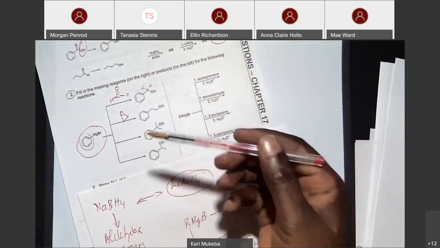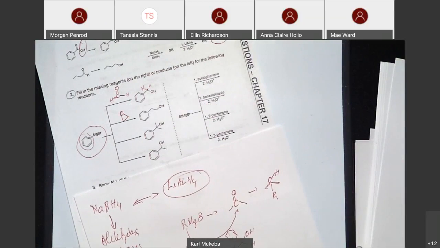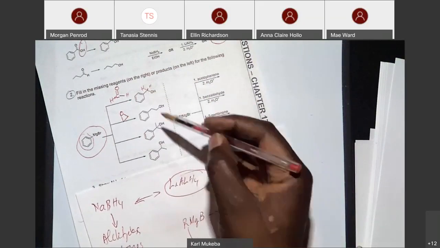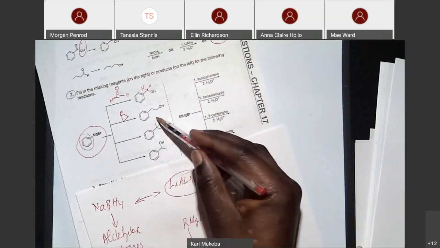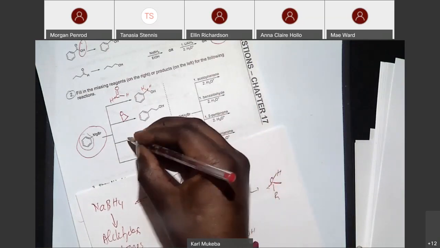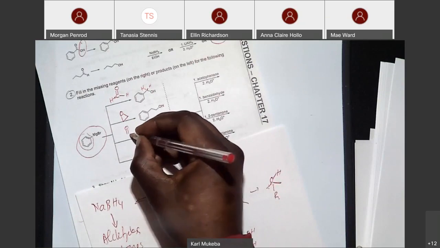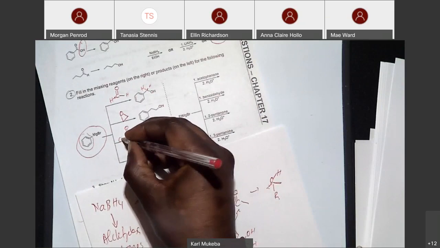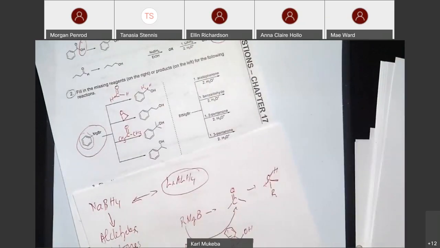The third one is similar to the first one. As you can see, the only difference is that instead of H, H, we have CH3, CH3. So you have the same compound, CH3, CH3.